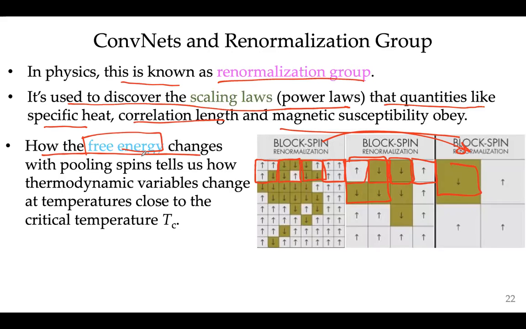How the free energy changes with pooling or averaging spins tells us how thermodynamic variables change at temperatures close to the critical temperature. So in physics, we use this to get an idea about the exponents of the functions like specific heat, correlation length, and other thermodynamical variables.